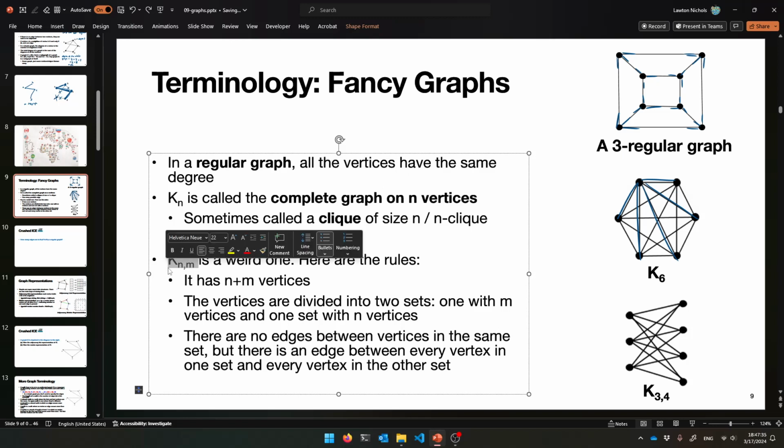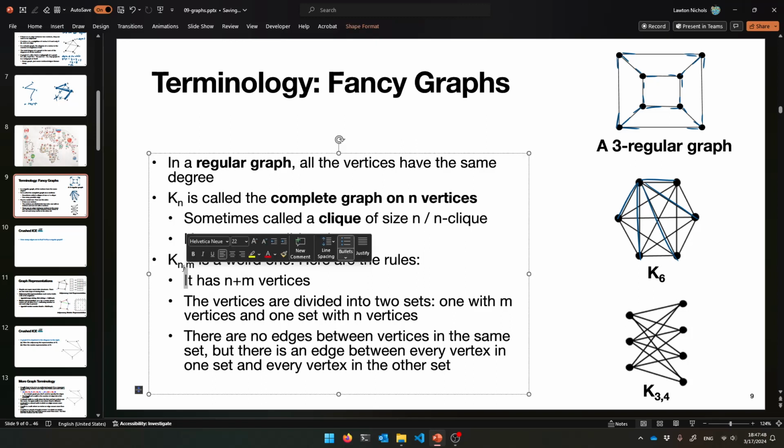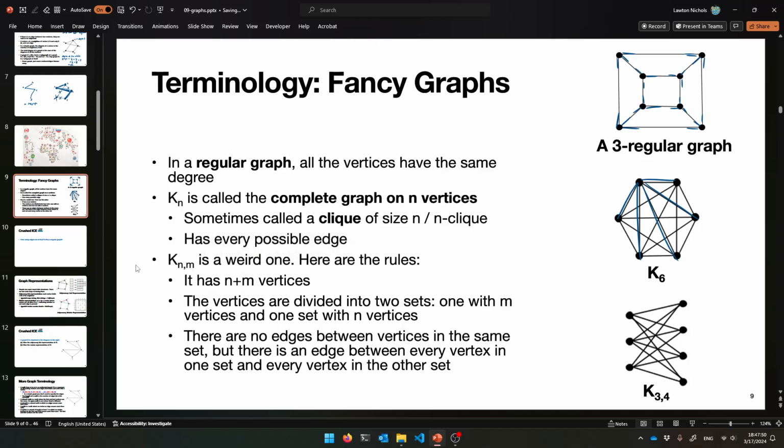Then there's also a K with something that looks very odd. Let me make the underlines go away. If you see K and then 2 subscripts, N comma M, with a comma in the subscripts and 2 numbers, that's a weird one. It's like a complete and separated kind of thing.